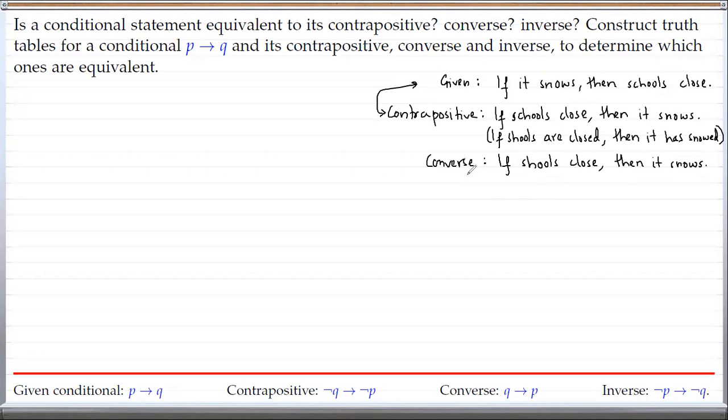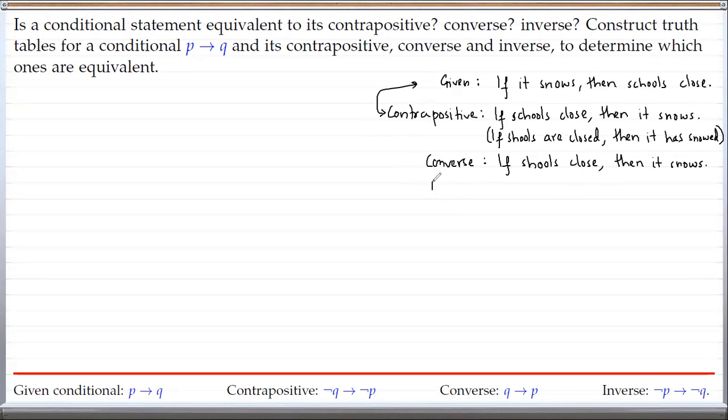Now this one sounds a little different from the given statement because the given statement doesn't say anything about what happens when schools close. There may be other reasons to close the school. So you can't conclude it has snowed just because schools were closed. So this one is not equivalent to the given statement.